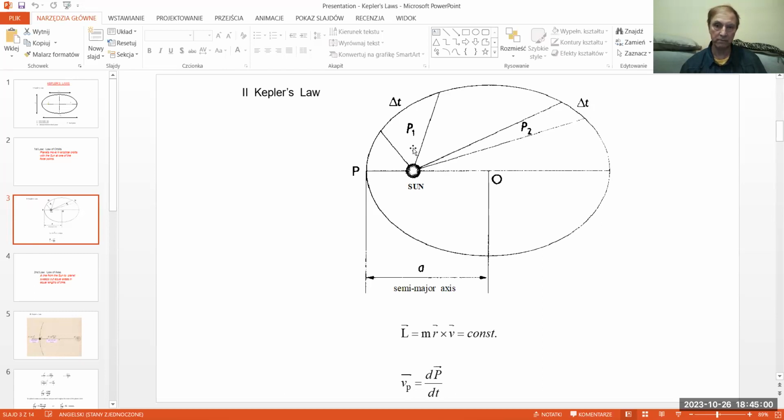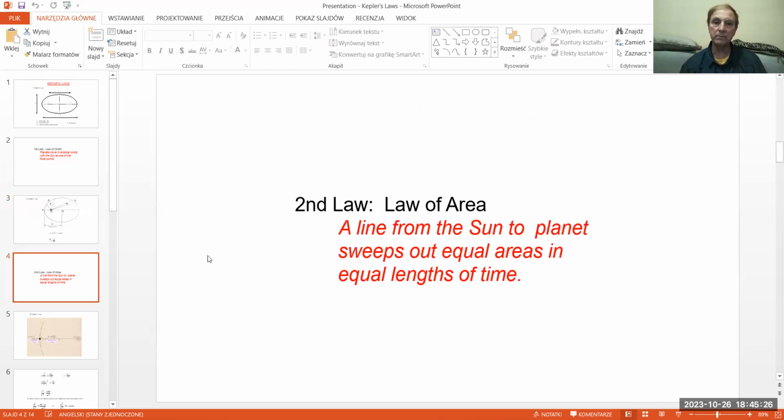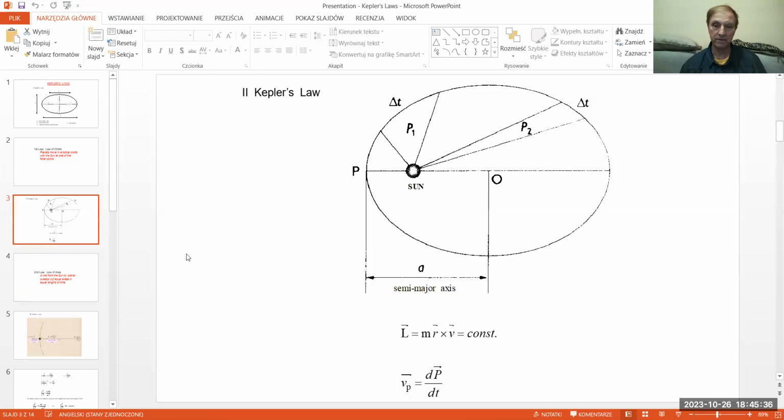P2 and P1 have different shapes, but the value, the magnitude, in terms of how much, is the same. And this is the second Kepler's law, which says that a line from the Sun to a planet sweeps out equal areas in equal lengths of time.